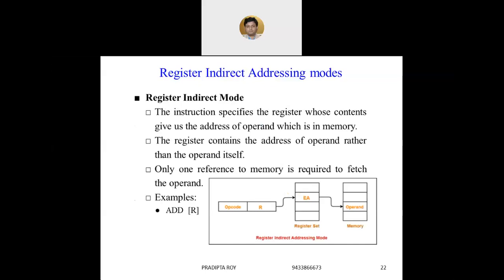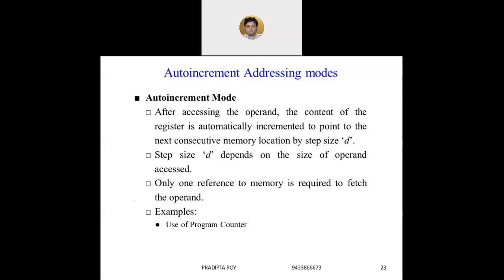The address of the data which is used for execution is stored in the register, and that register is specified in the instruction. So with the help of that register content, the system will ultimately be able to access the data in an indirect way. That's why it is called register indirect.